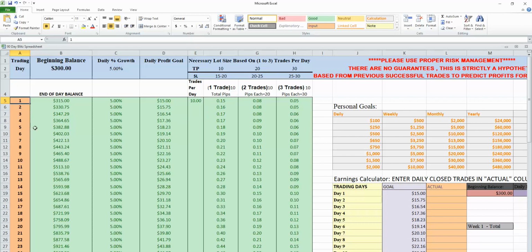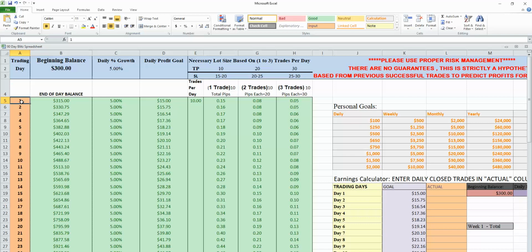Mind you, there are typically about 20 trading days in a month. Obviously, when you have bank holidays and public holidays, it is less, but typically it's 5 days a week times 4 weeks in a month. That comes to about 20 trading days in a month.